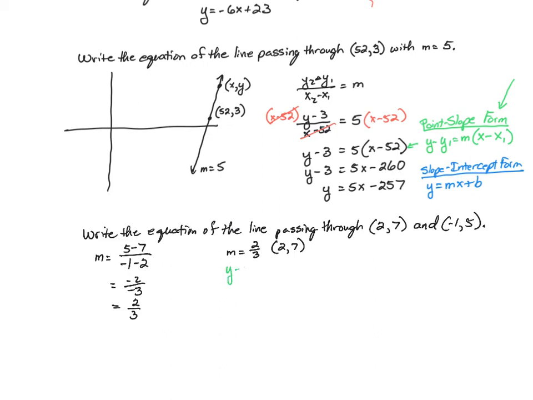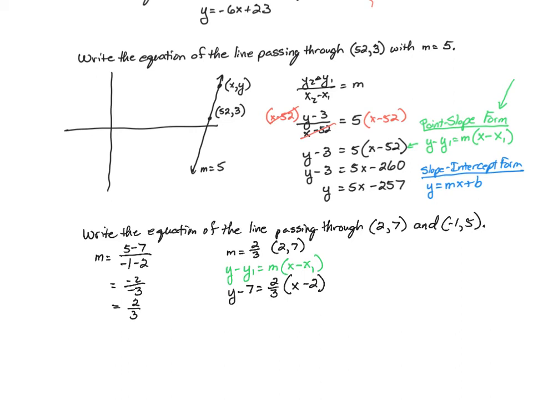It's y minus y1 equals m times x minus x1. So I'm substituting in the slope and the point. So I'll have y minus 7 equals 2/3 times x minus 2. And we have the equation in point slope form.